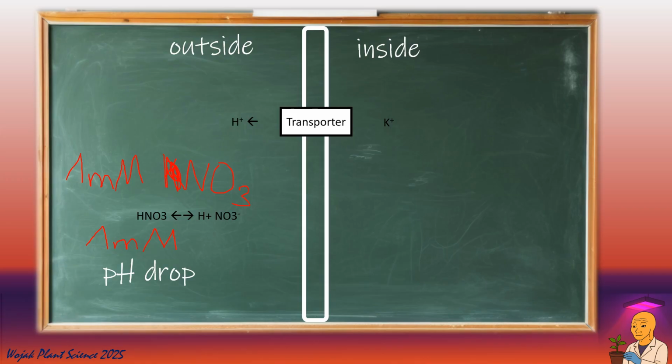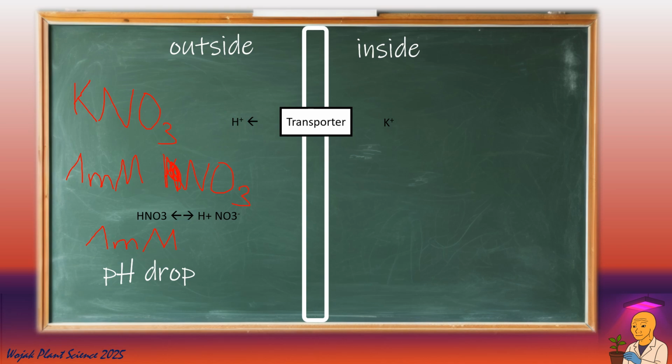In solution we have, of course, H plus and nitrate, and you see this results in a pH drop, because when we had potassium nitrate outside, KNO3, 1 millimole, we had a base and an acid. So the pH would be neutral. But we lose the potassium because it's transported into the plant and we get an H plus in return.